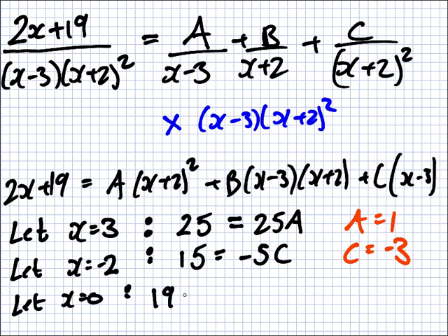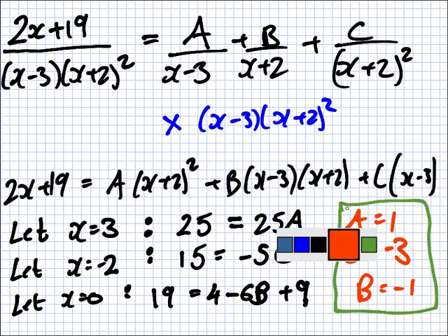Then you get 19 equals 4A minus 6B minus 3C. 4A is 4, and 6B is minus 1. And there you go, there's the answer.